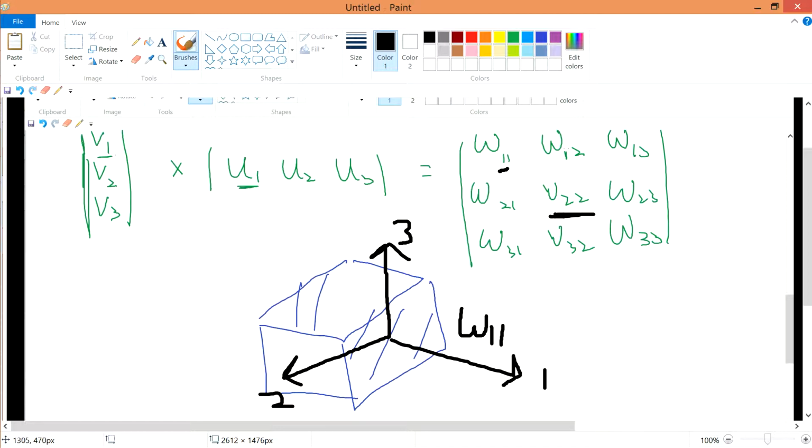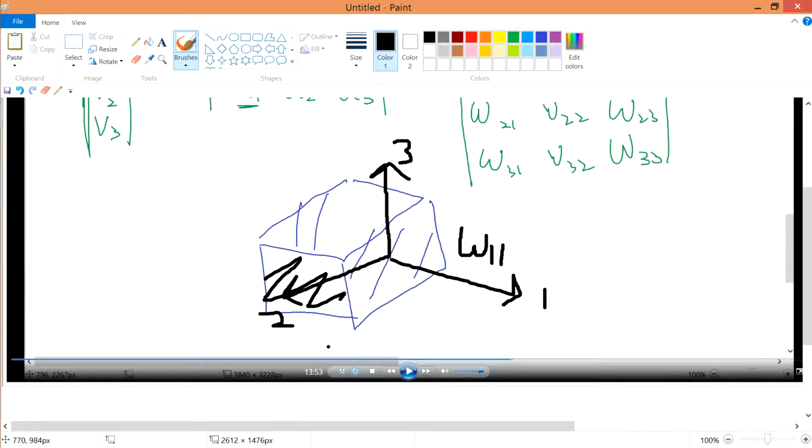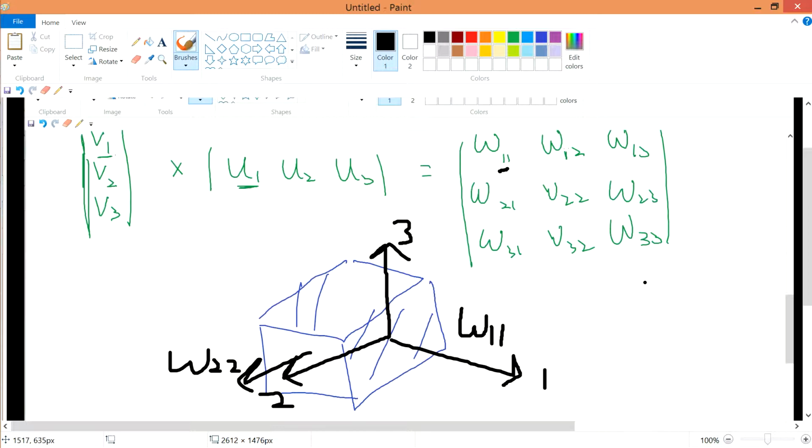Then W22 is over here, where this plane is in the 2 direction, facing perpendicular to the 2 direction. Therefore the force acting on this plane perpendicular to axis 2 is W22. I hope this is pretty clear to you.